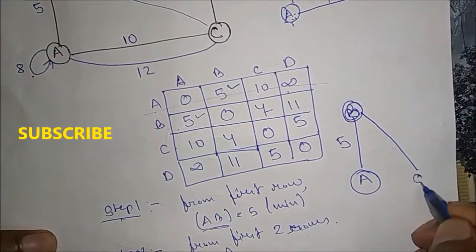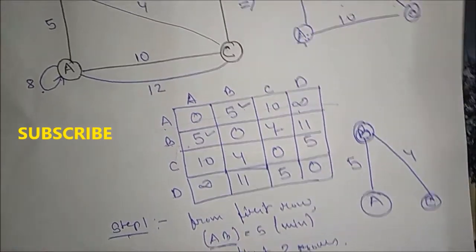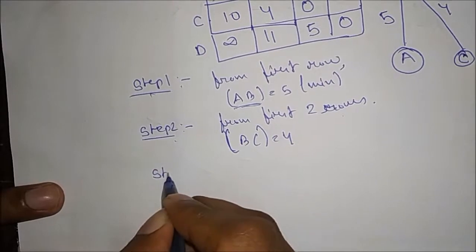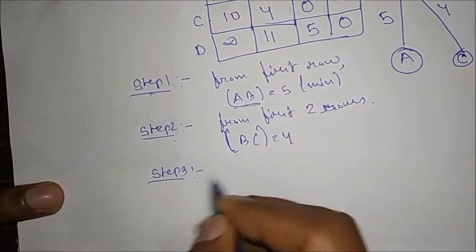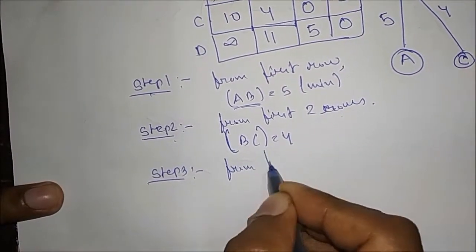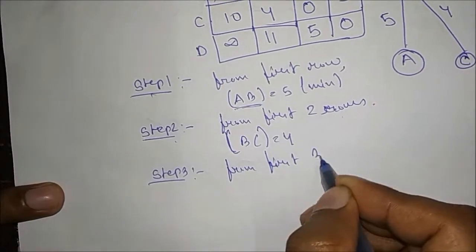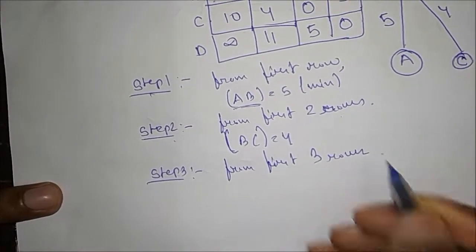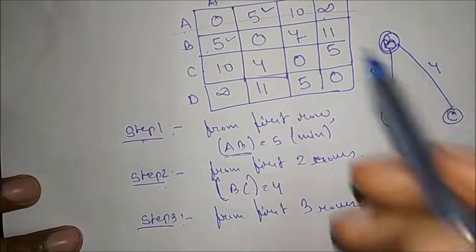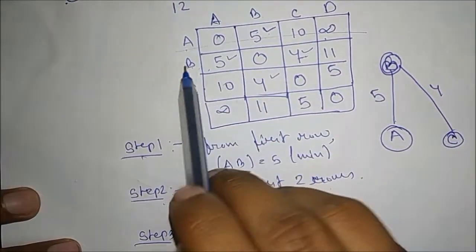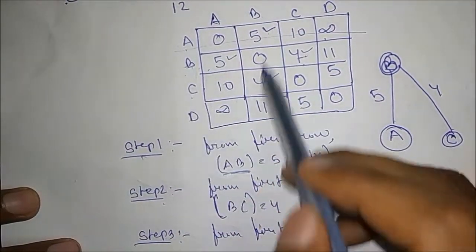B and C, 4. Now we'll check for step 3, from the first 3 rows. See, from the first 3 rows, this is also over, because B to C we got 4, and C to B is again 4.